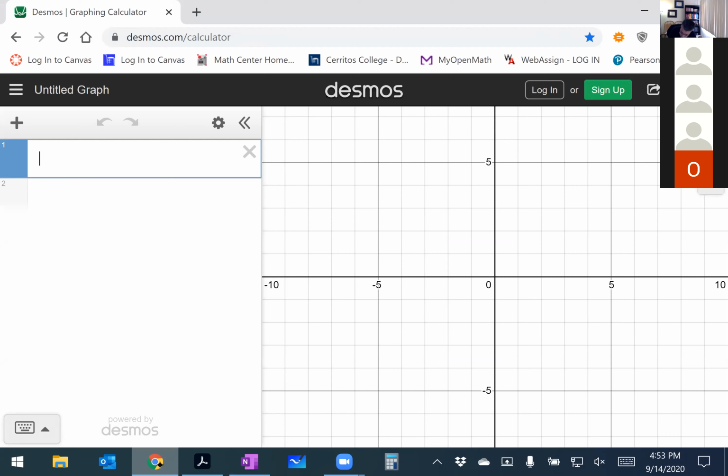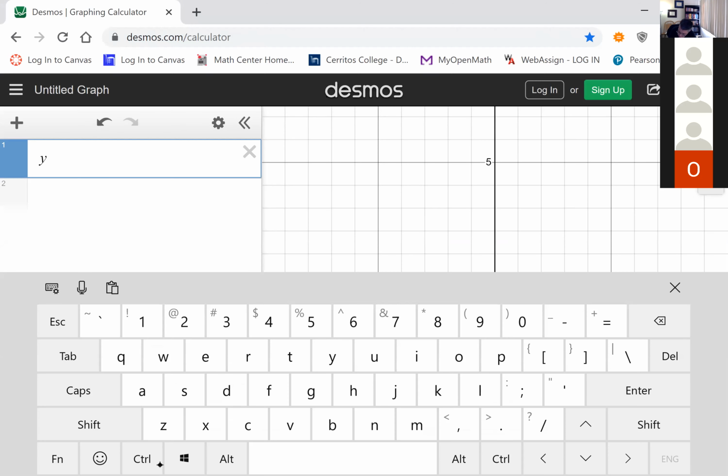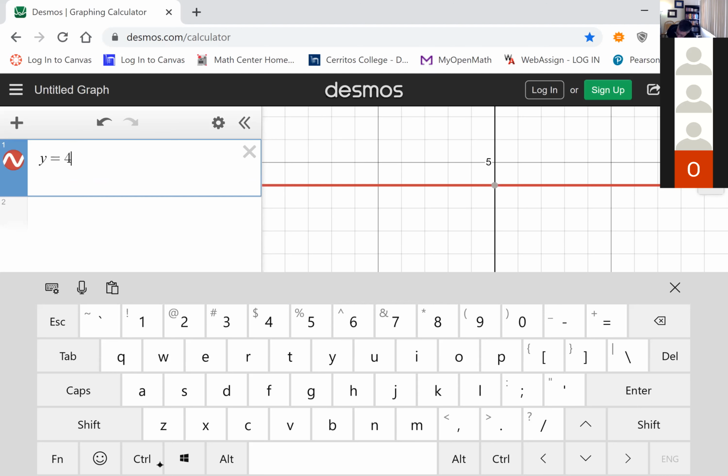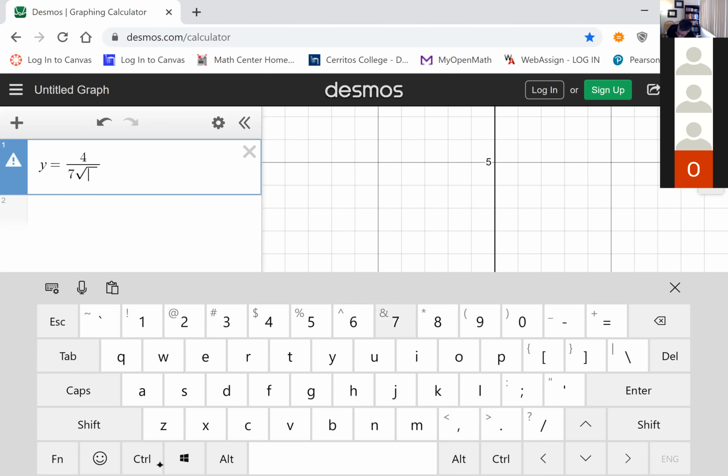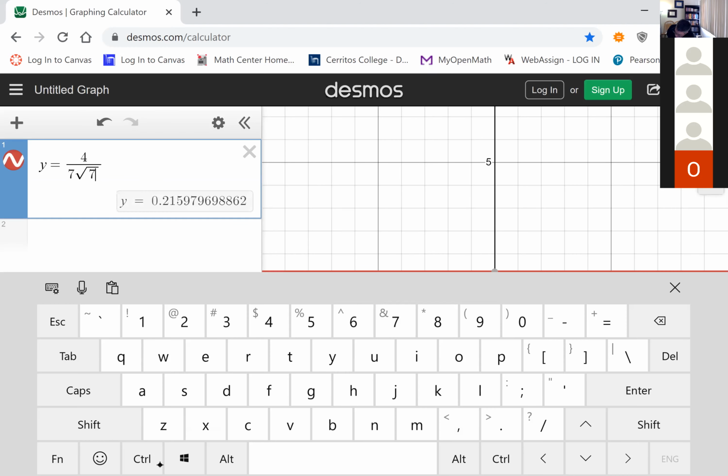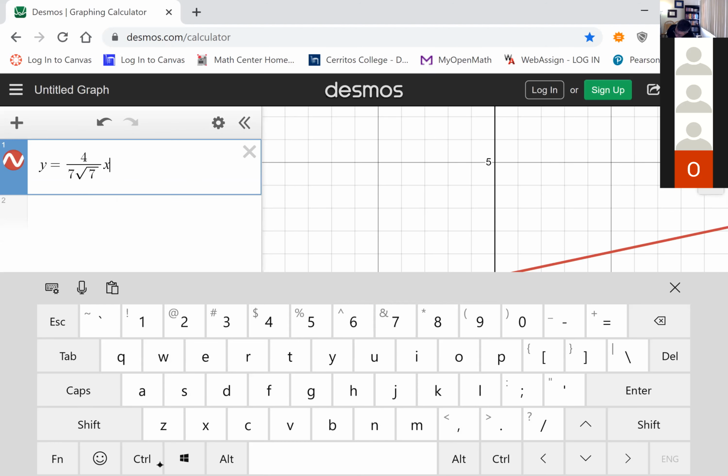Okay, so y equals, what did we have? We had 4 over 7 times the square root of 7, times x times radical x.